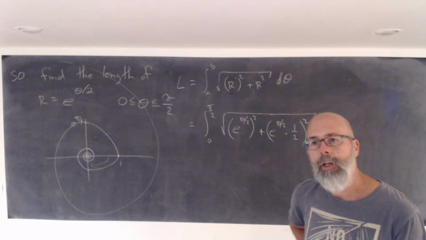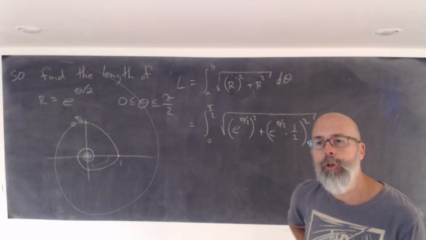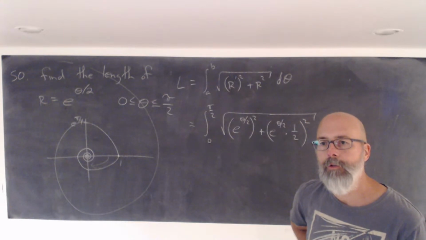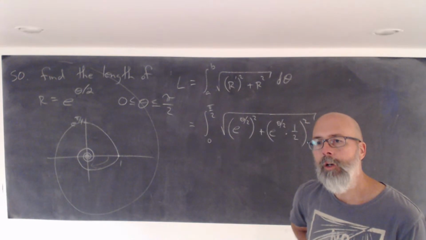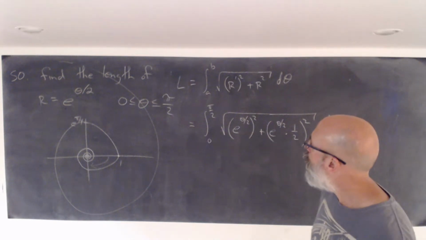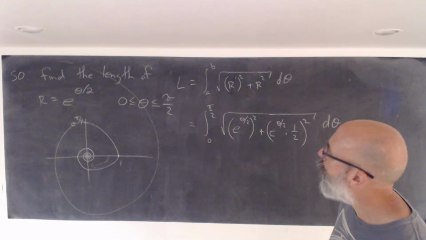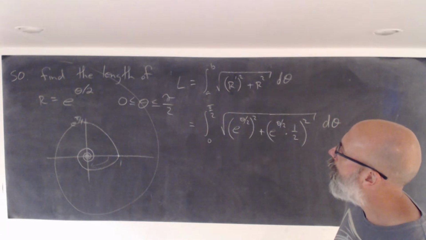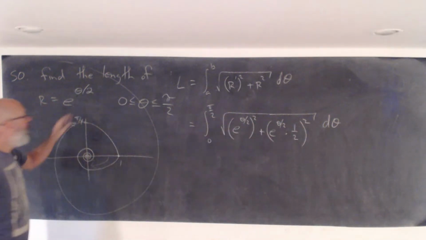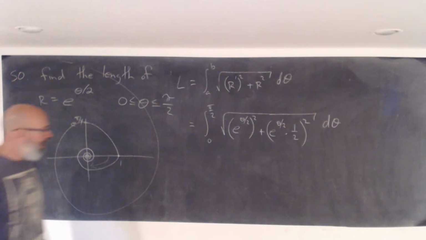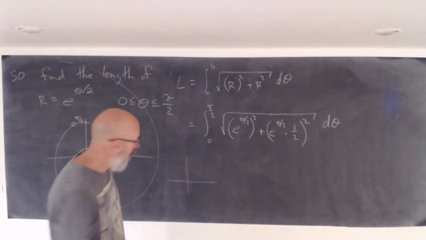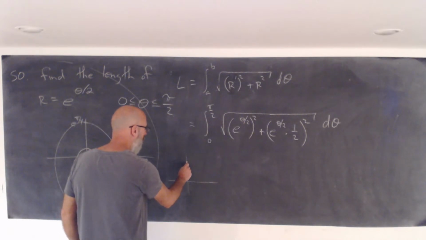Yining is asking, why can pi over 2 and negative 3 pi over 2 give two different values? Should they be the same point? No. There's no guarantee that they're the same point, right? What you're thinking of is the point pi over 2 and 1.